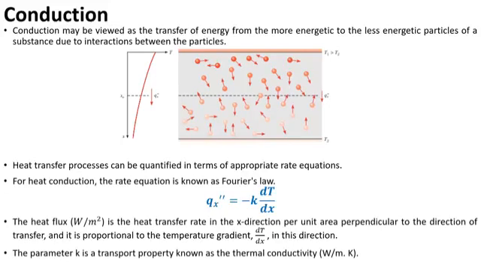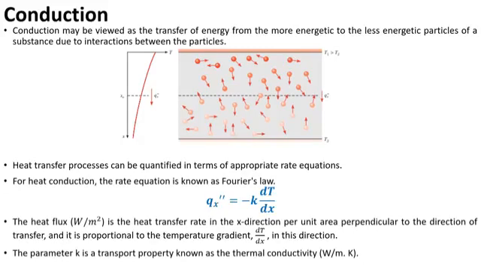Here K is the transport property and it is separate for every material. It is a constant for each and every material, and this K is known as thermal conductivity. The thermal conductivity of each and every material is different. For example, the thermal conductivity of copper is different from that of iron, aluminium, wood or plastic.